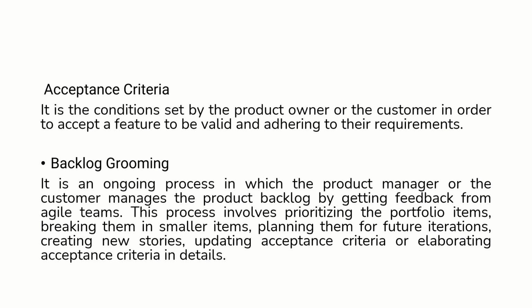Now coming to a very important term, which is backlog grooming. It is an ongoing process in which the product manager or the customer manages the product backlog by getting feedback from the agile team. This process involves prioritizing the portfolio items, breaking them into smaller items, planning them for future iterations, creating new stories, updating acceptance criteria, or elaborating acceptance criteria in detail.